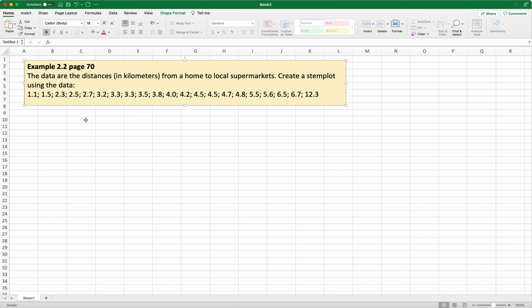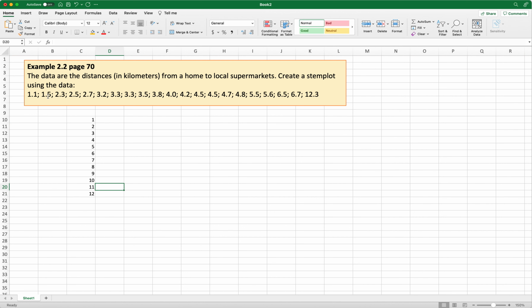So we want to have the whole numbers written here, and the whole numbers go from 1 to 12. Then we want to write the decimal place in here.